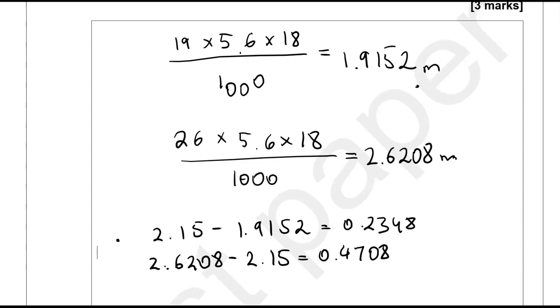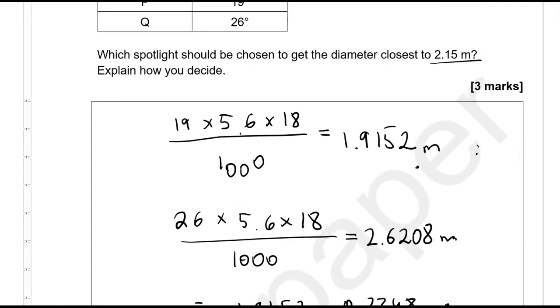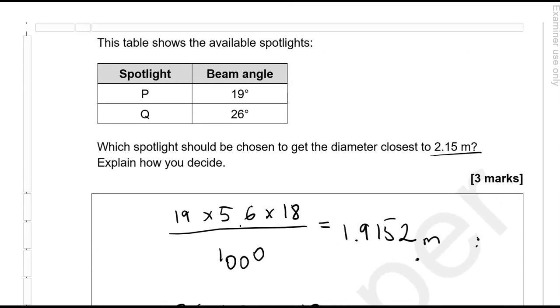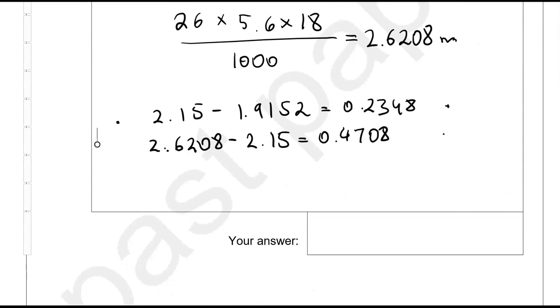So this one is closer because 0.2348 is smaller than 0.4708. So that's this one with a 19 degrees angle, so that is spotlight P.